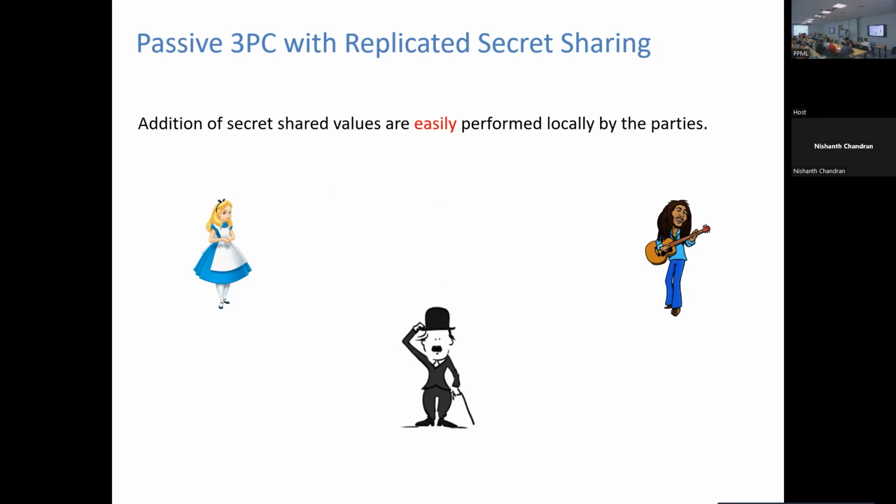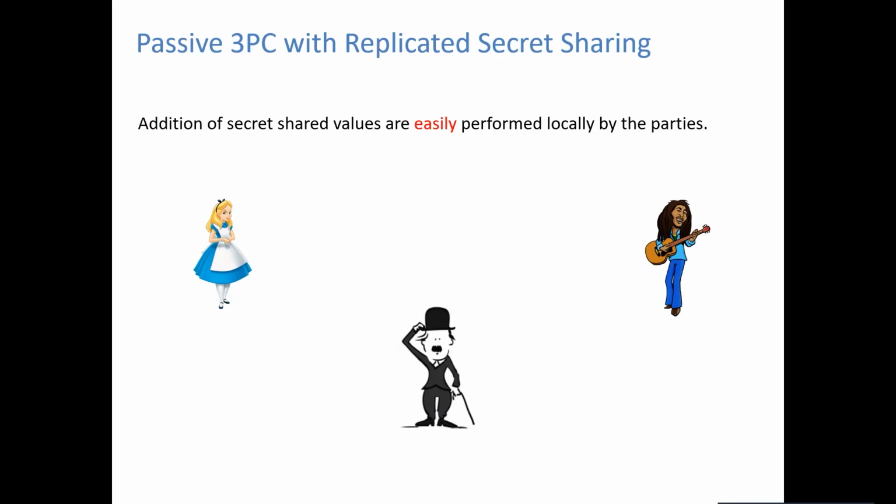Okay, how can you do the basic operations? In this underlying MPC scheme, addition is still very easy, and you can do it locally. If you have X and Y shared in the format of replicated secret shares, then to compute the sum of X and Y, Alice can just pick her shares X1 and X2, and sum them with Y1 and Y2, and Charlie and Bob do the same.